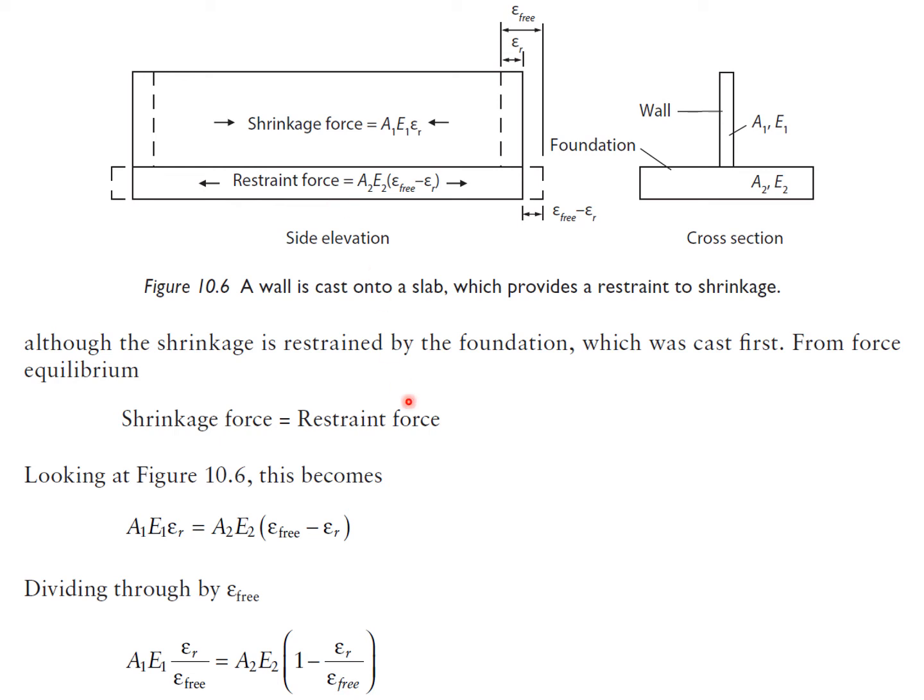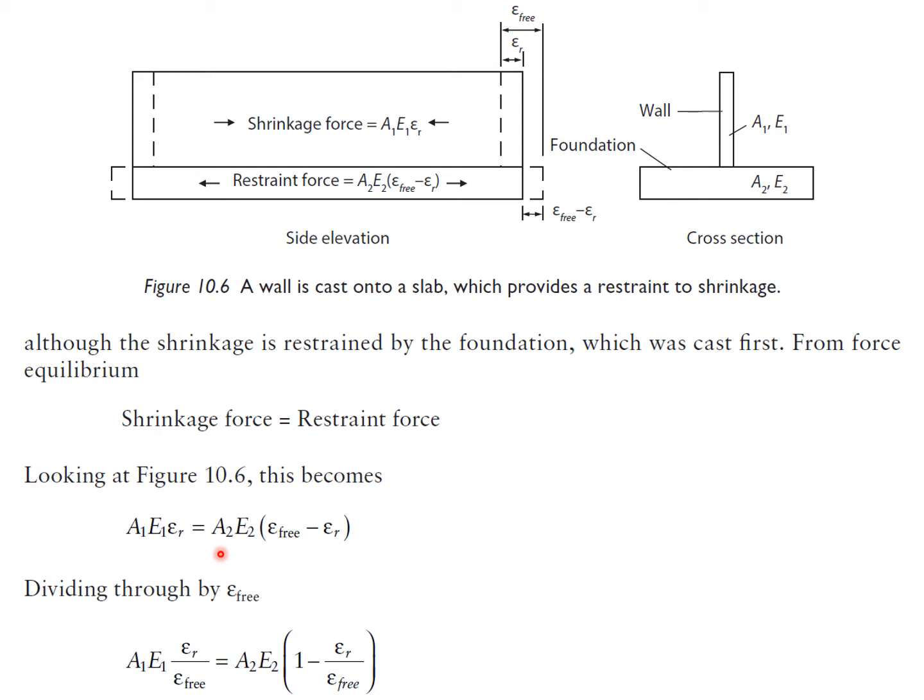So from equilibrium, the shrinkage force is equal to the restraint force. And the shrinkage force is equal to the area of the top half of the slab multiplied by Young's modulus for the top part of the slab, multiplied by the restrained strain, which is epsilon r.